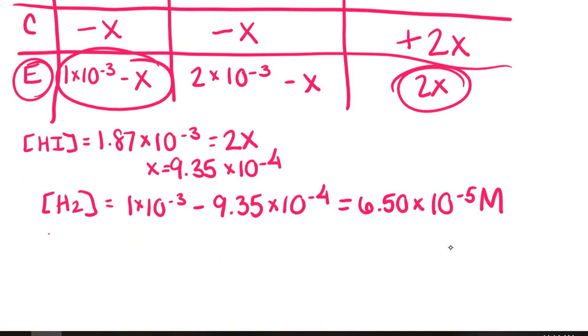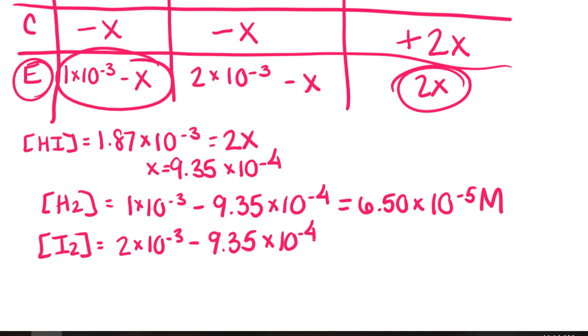I can do the same thing for iodine. At equilibrium, its concentration is equal to 2 times 10 to the negative third minus x. So its molar concentration would be 1.065 times 10 to the negative third molar.